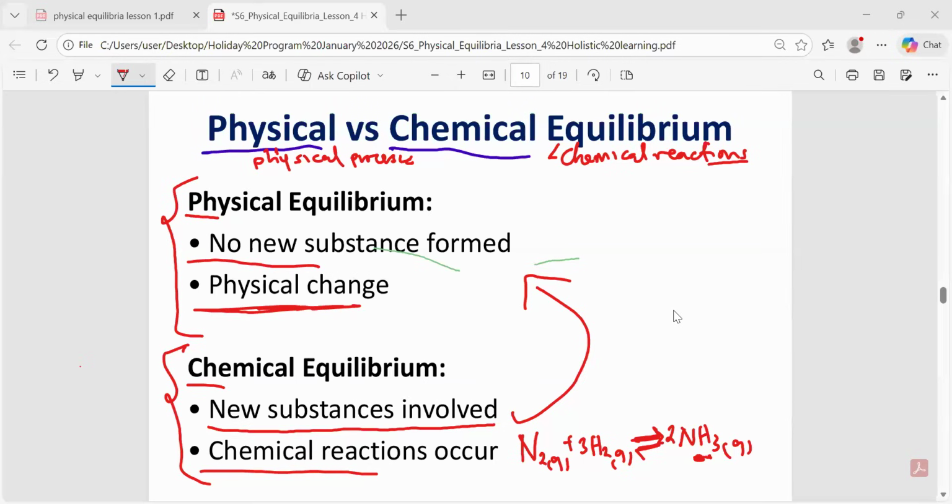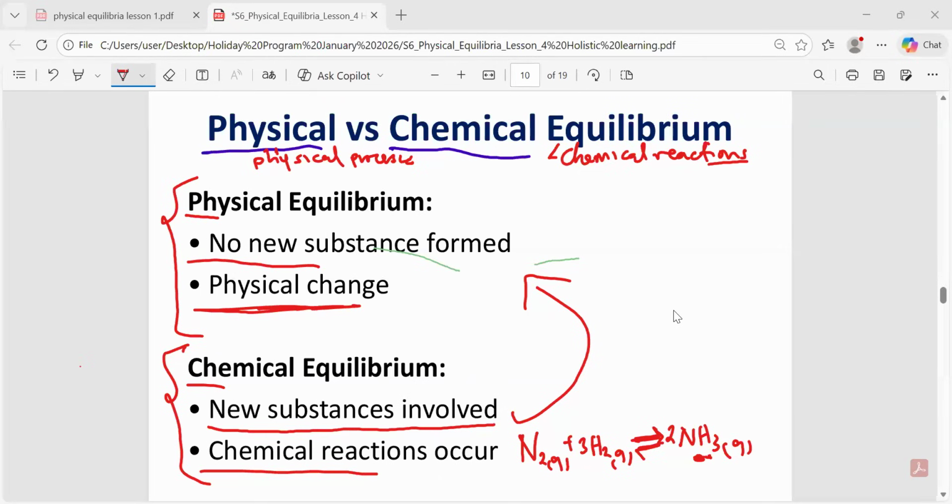For me, still on this thing of physical equilibrium and chemical equilibrium. For physical equilibrium, yes, I agree on the reversibility. But when it comes to chemical equilibrium, we see that some substances are reversible.